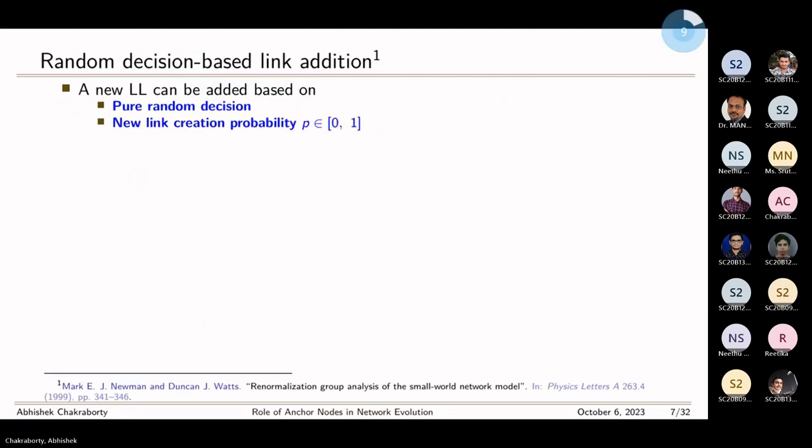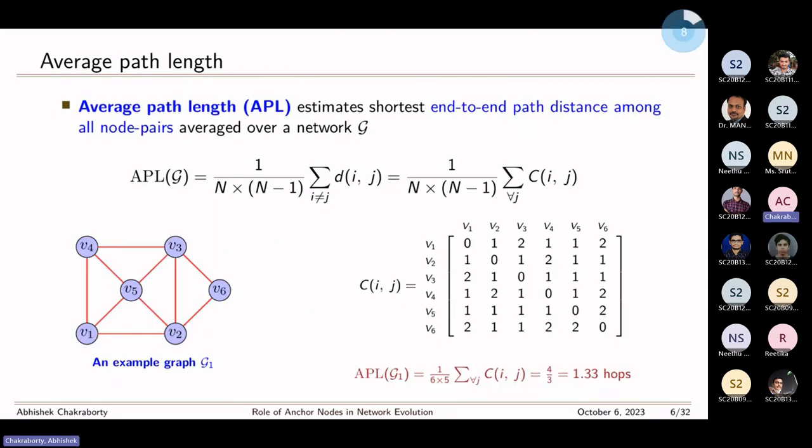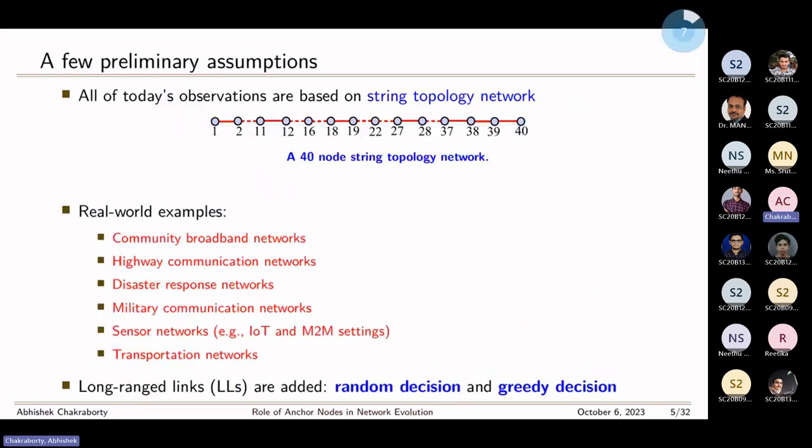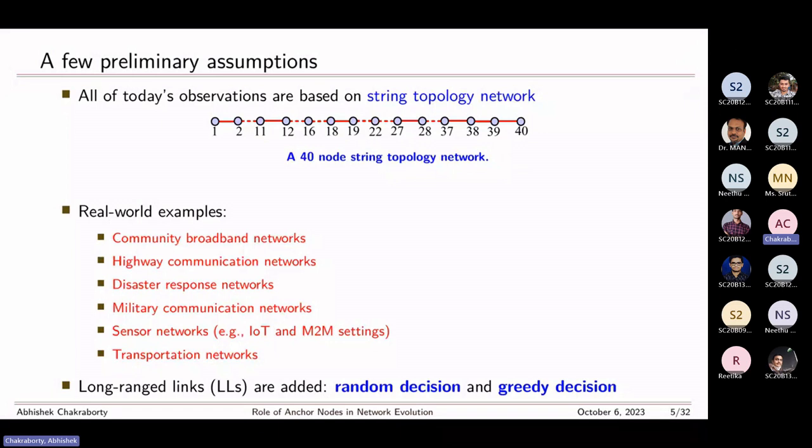With this, let us start the link addition that we already talked about. We will be seeing how a network can evolve to a different kind of network topology when we add a link, because once we add even one long range link, or LL, the string topology will never be a string. So it will be gradually evolving.